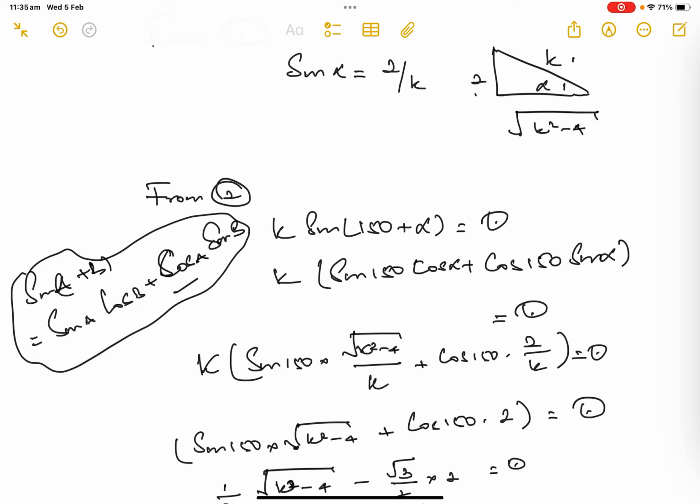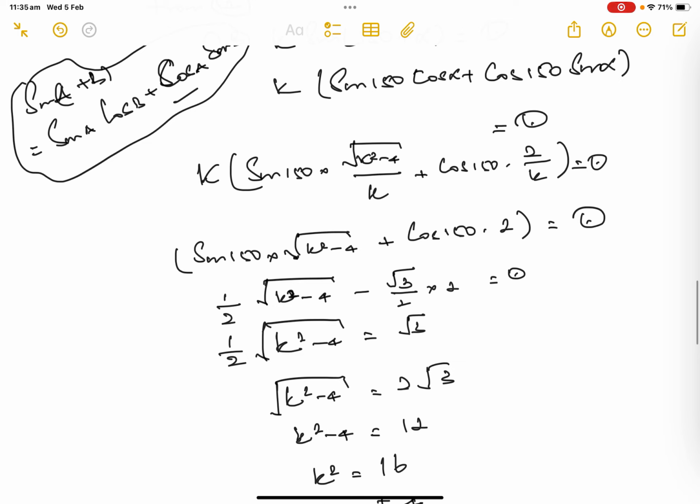Right, having expanded that one, let's keep the k: k sine 150 cos alpha. We know from this triangle that cos alpha is adjacent over hypotenuse, which is the square root of k squared minus 4 over k, plus cos 150 and sine alpha, which we already know is 2 over k.